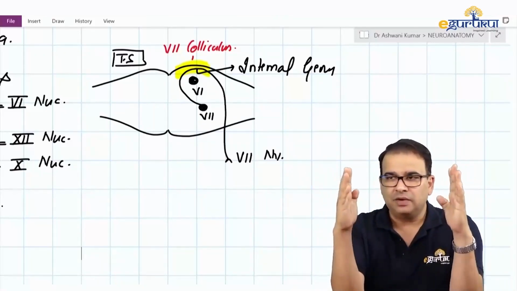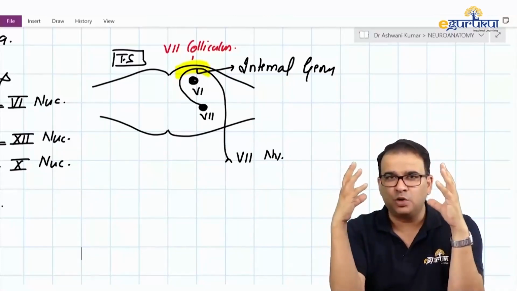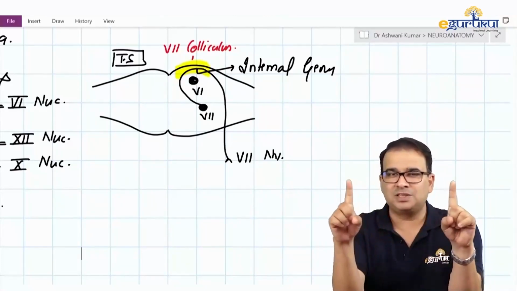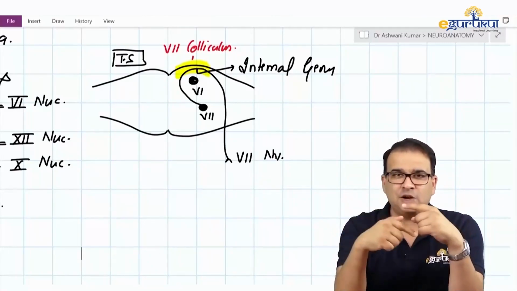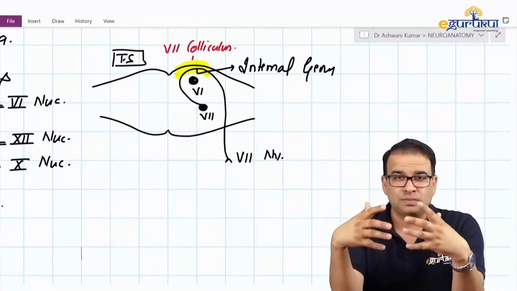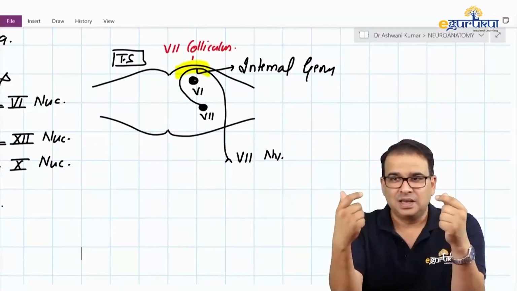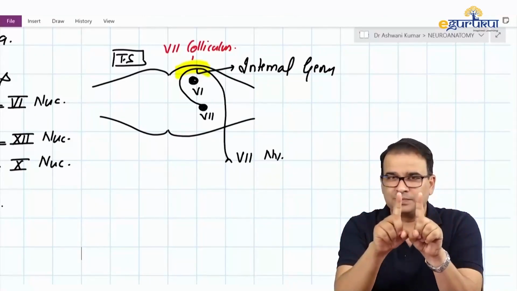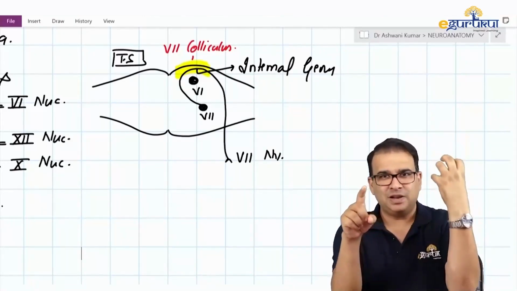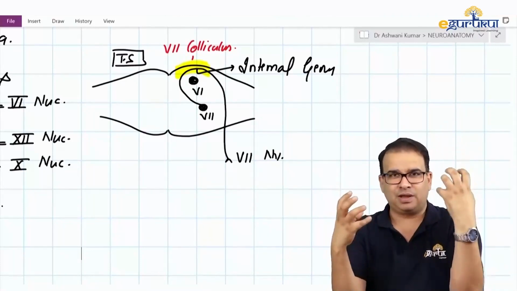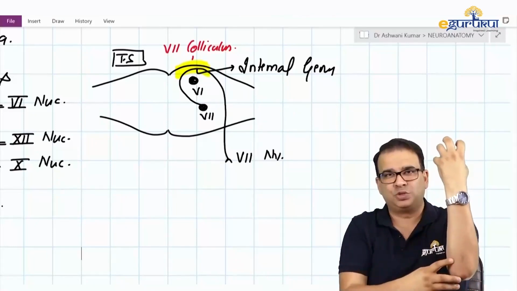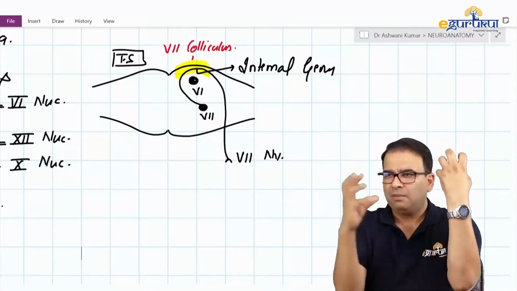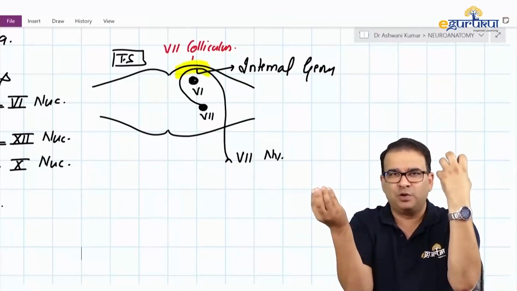And imagine if your facial sensory and motor nuclei are situated very far from each other in the brainstem, then the speed of the reflexes will be very slow. You need to have quick reflexes. And how can you have quick reflexes if the nuclei are not situated close together? Out of the trigeminal and facial nuclei, the trigeminal nucleus is huge, but the facial nucleus in the pons is a smaller nucleus.